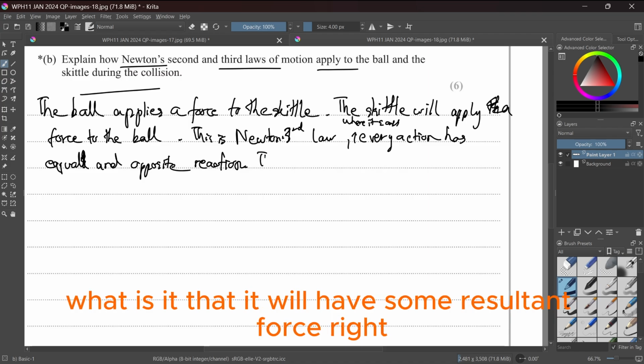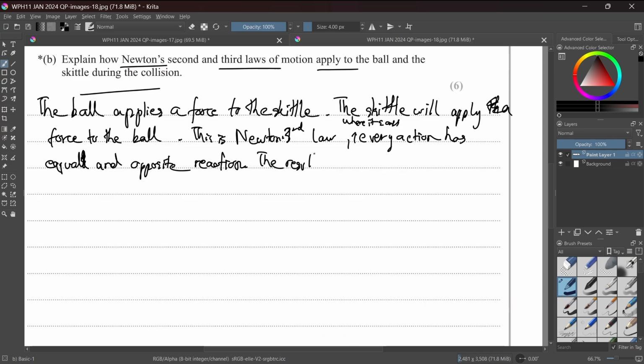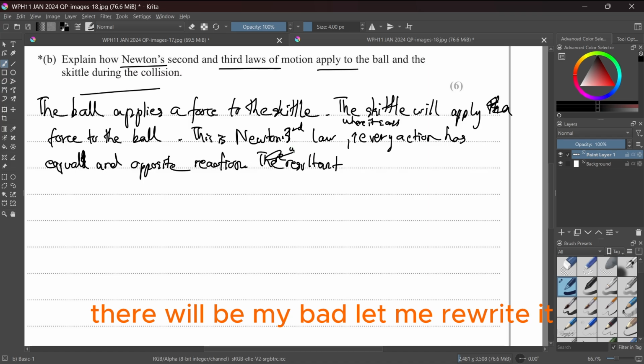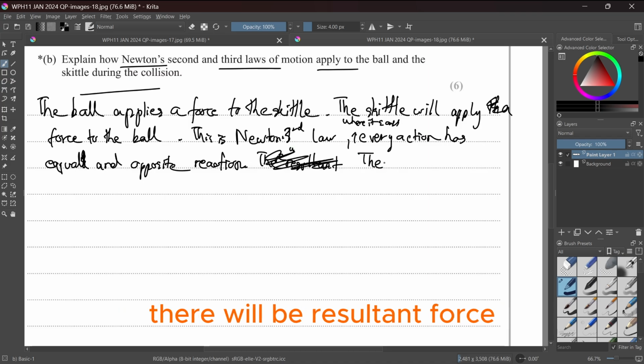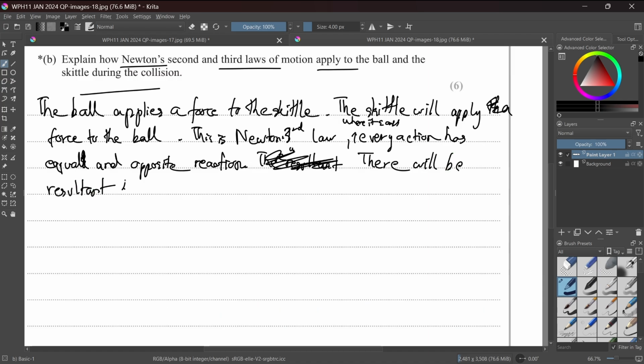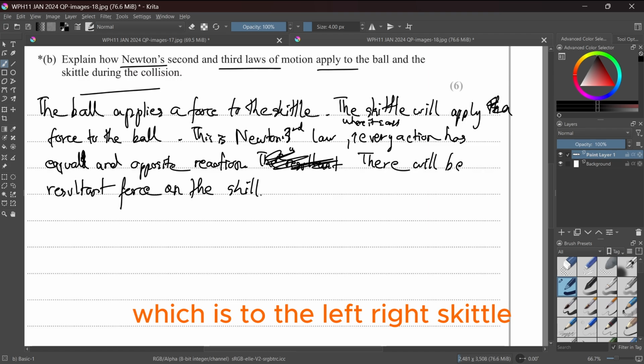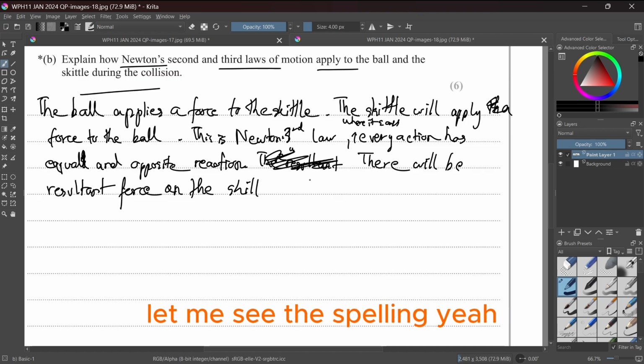What is it? That there will be some resultant force, right? There will be a resultant force on the skittle, which is to the left, right? Skittle, let me check the spelling.